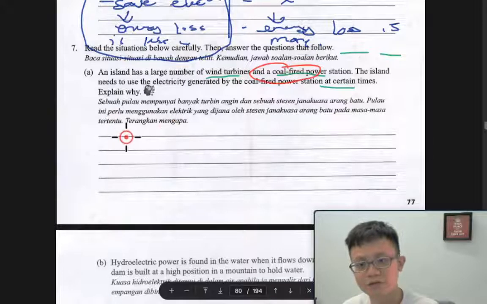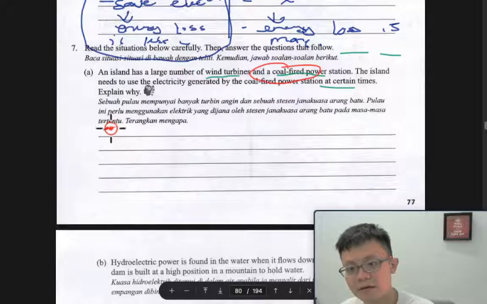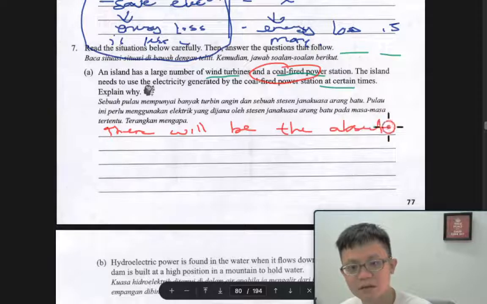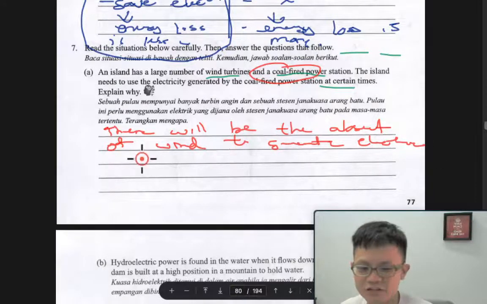So just make it into a sentence. Maybe we can say, there will be the absence of wind to generate electricity. Anything, just use your own answer.